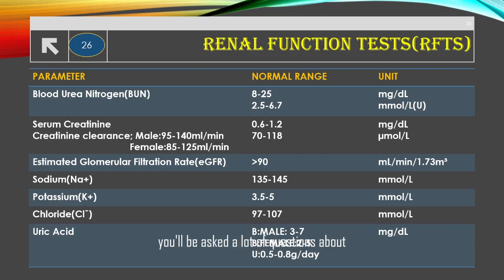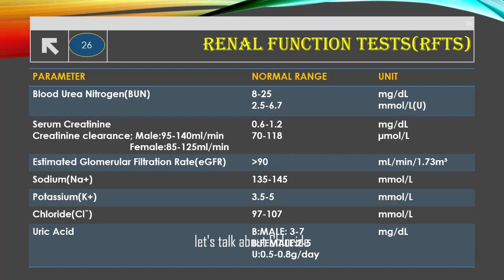You'll be asked a lot of questions with regards to hyperkalemia: how do you manage hyperkalemia, what are the ECG changes in hyperkalemia, what are the ECG changes in hypokalemia? You need to know that as a medical student or a medical doctor. The normal level is up to 5 milliequivalent per liter. Usually when it's higher than 5.5 milliequivalent per liter, it's called hyperkalemia. If it's less than 3.5, hypokalemia. All right, that's for your potassium.